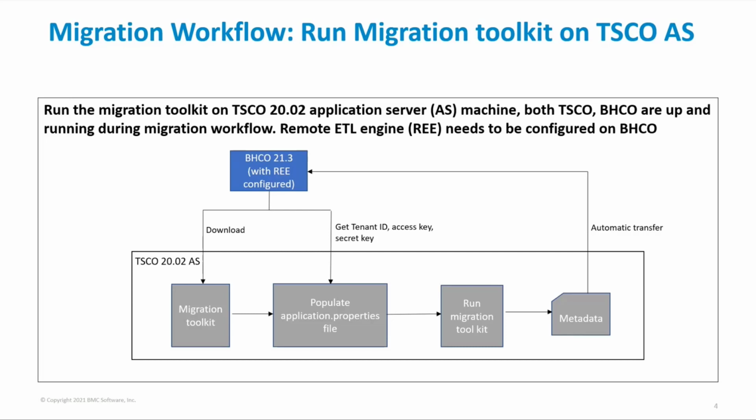The metadata file contains all the configurations, which is simply the information about populating entities, all the relationships, all the tags, all the analysis models. All that information is captured in the metadata. Once the metadata file is created, it gets automatically transferred to the BHCO console, or BHCO portal, we can say.